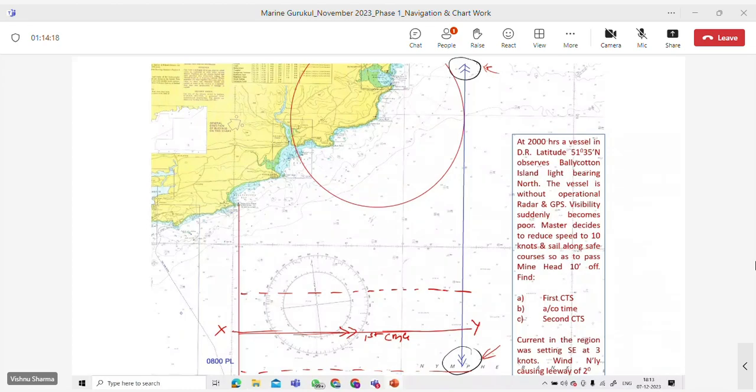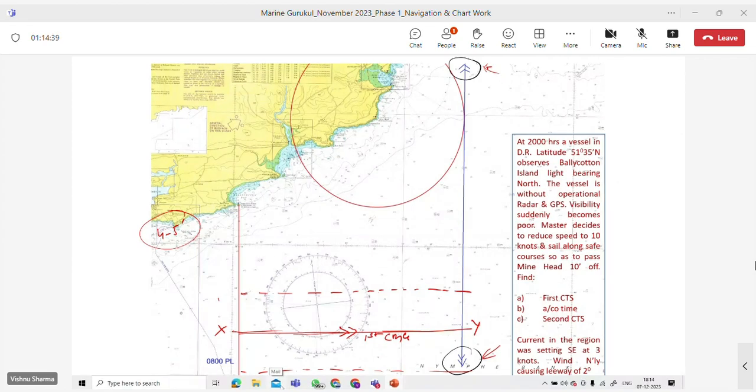Now, in the exam, usually you can take about 4 to 5 miles of safety margin. That means I draw a line 5 miles north of it, and 5 miles south in the other case.